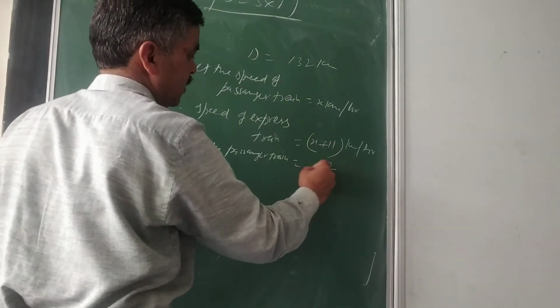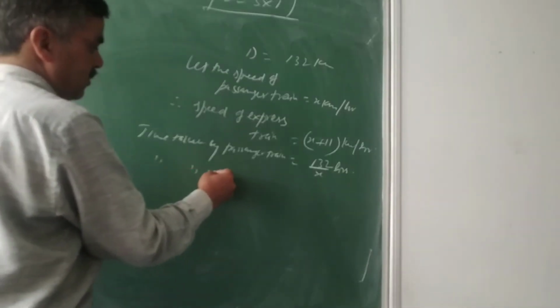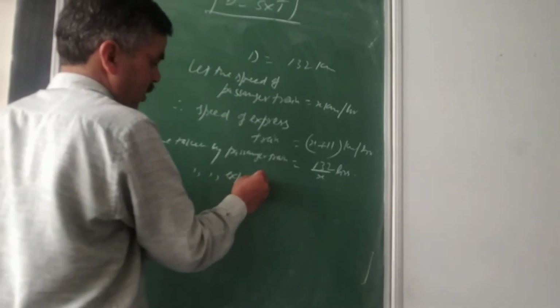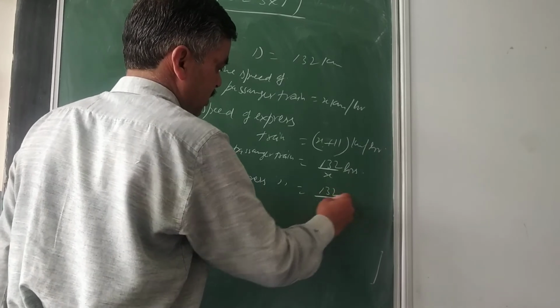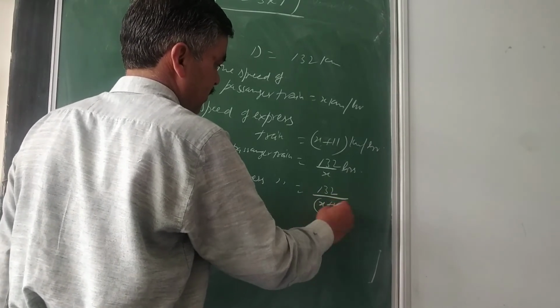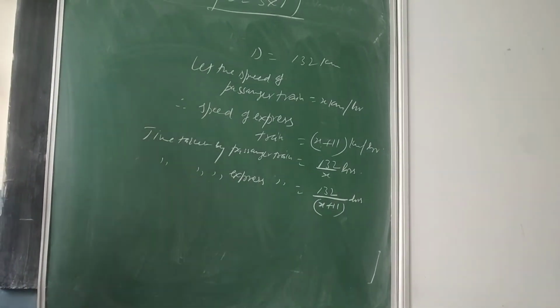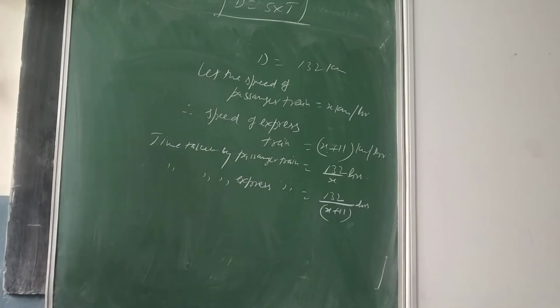So here it is 132 upon x hours, and time taken by your express train is 132, same distance, upon x plus 11 hours. Now the difference between the two is 1 hour.